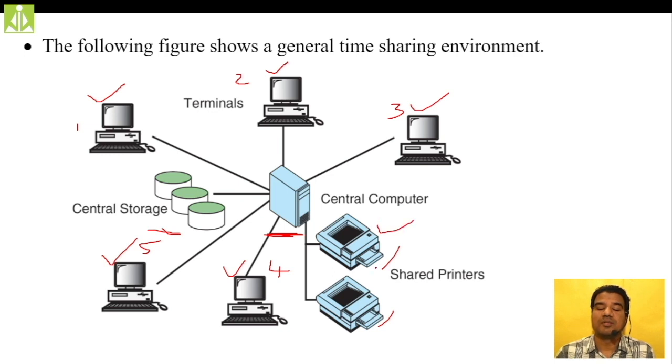Now this shared printer is shared by all these terminals, and terminal 1 is printing something on this printer. At the same time, terminal 2 also wants to print something on the same central printer. Is it possible?